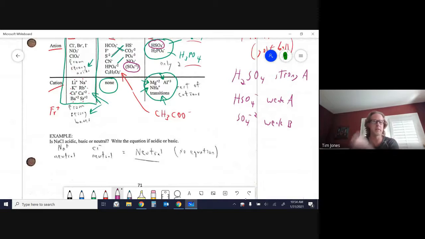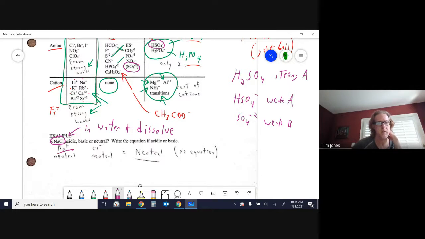So let's say we put sodium chloride in water. And by the way, we're assuming that everything is in water, and we're assuming that they dissolve at least a little bit. So you don't have to worry about checking solubility rules or anything like that. Obviously, if it doesn't dissolve, then there's no ions in the water to even talk about.